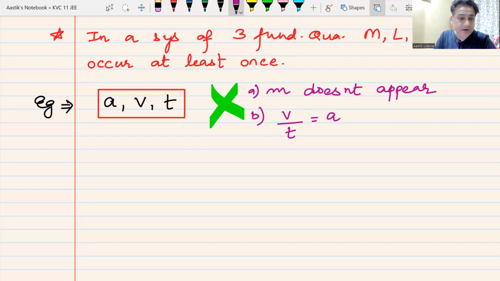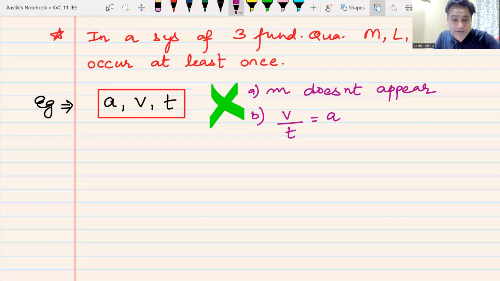So we have seen how and when we can make a new fundamental system and when we cannot make a new fundamental system.